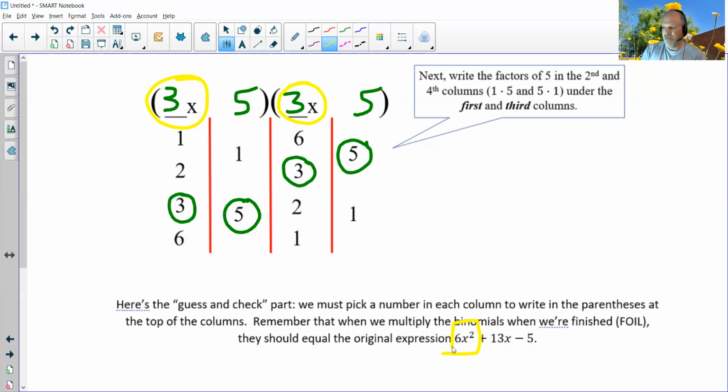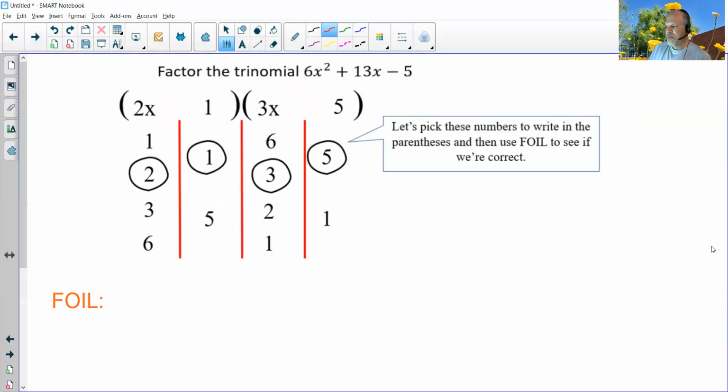Remember, first times first must equal 6. So if I pick this 3, then I must pick this 2 to go along with it, because 3 times 2 is 6. So you can't just pick any old number. You have to pick numbers that make sense when you are doing FOIL.